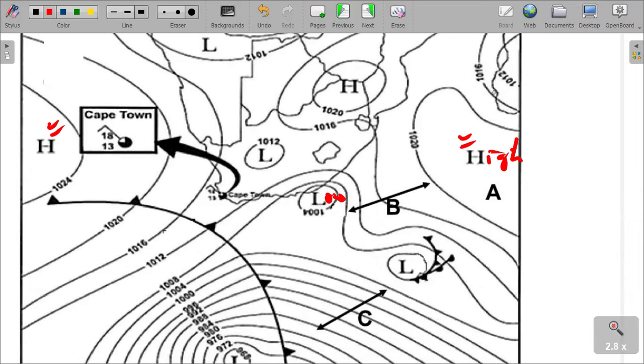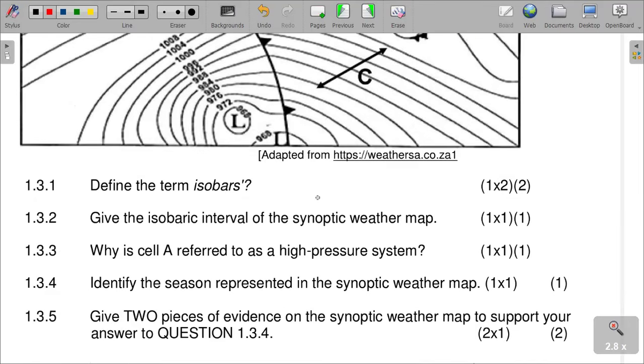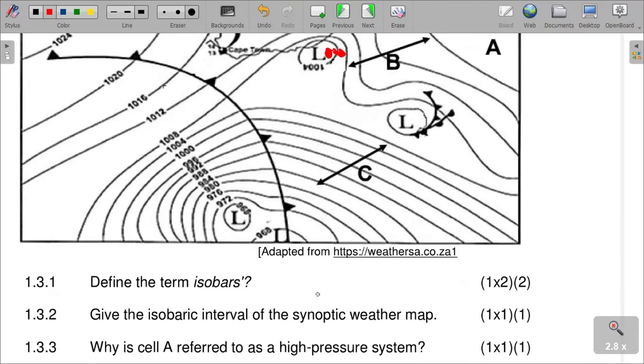What we need to understand is that we are given the isobars, which show the various pressure regions. Isobars are lines found on the map which join places of equal atmospheric pressure.